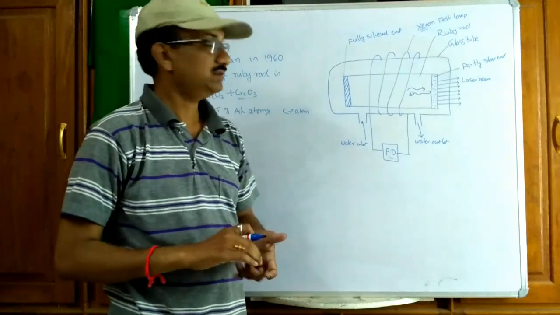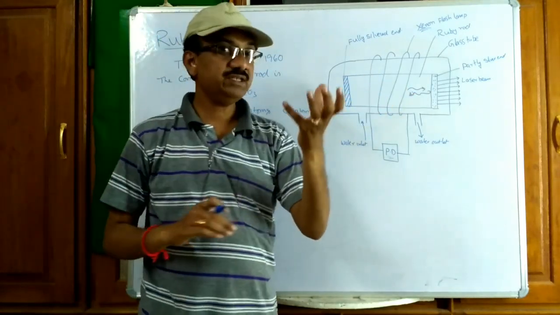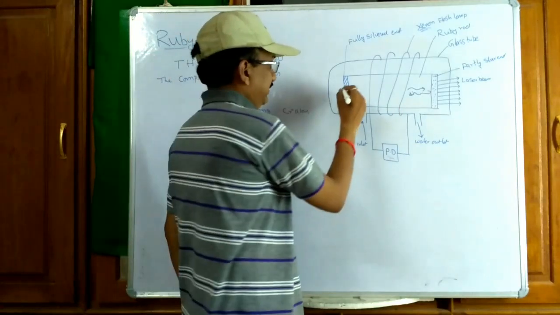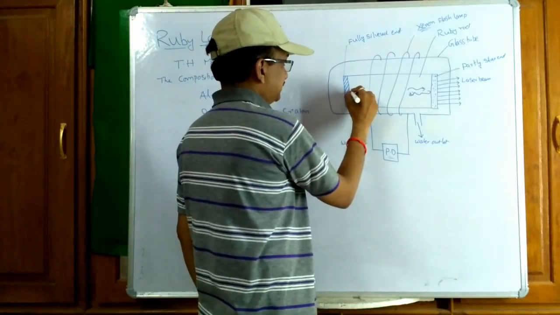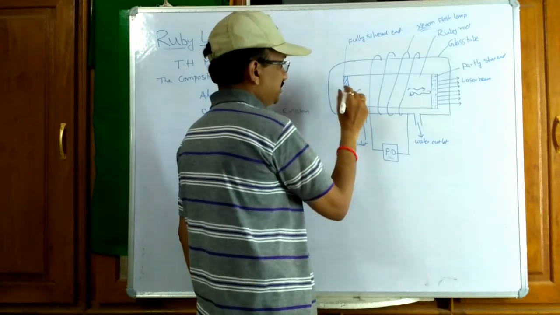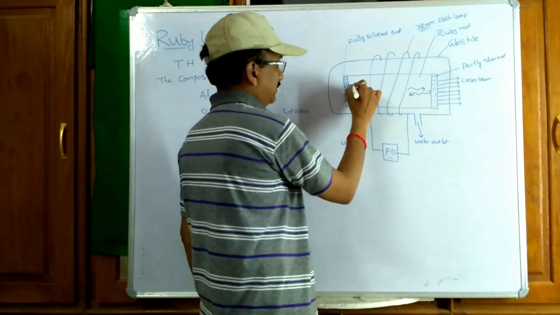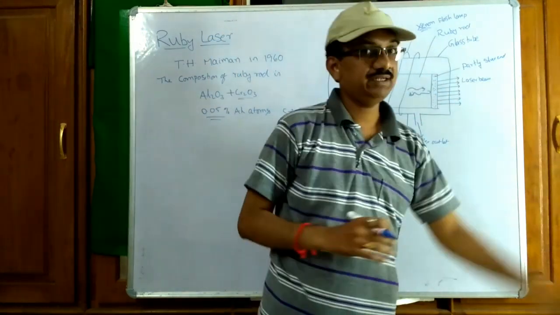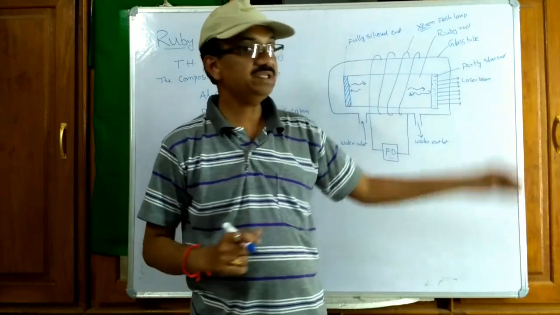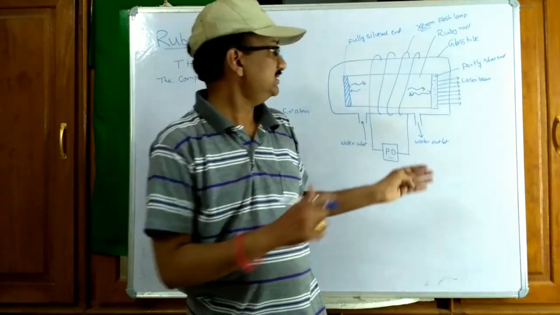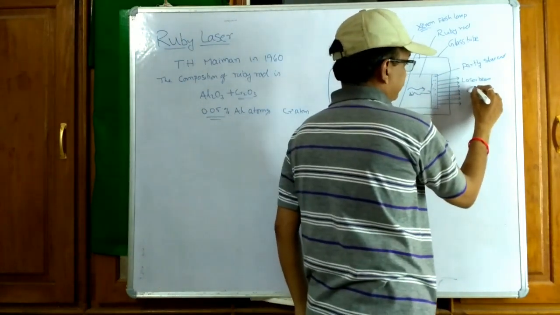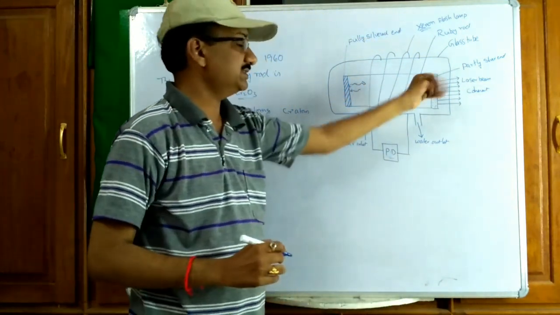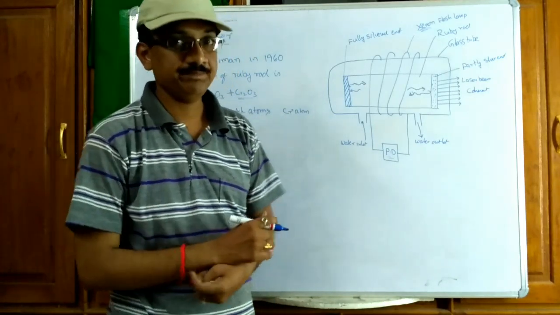Meanwhile, this radiation collides with lattice points in this substance. It travels with high energy and emerges from this end. So this is a coherent beam. This coherent beam is called the laser beam.